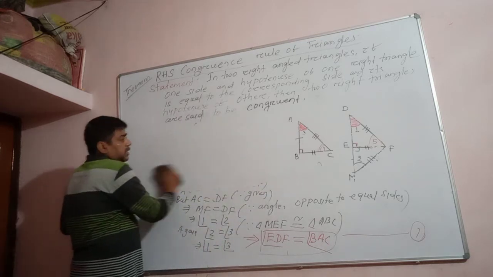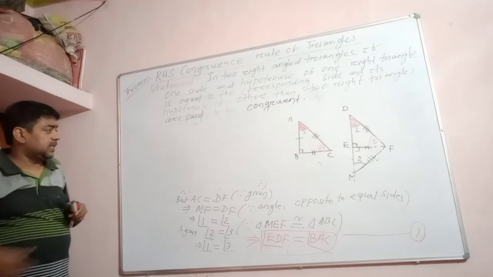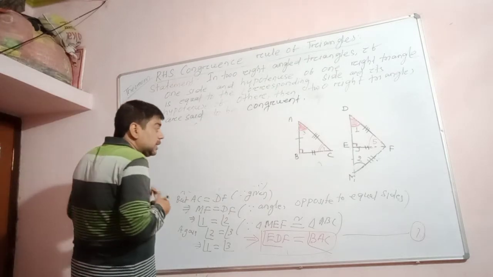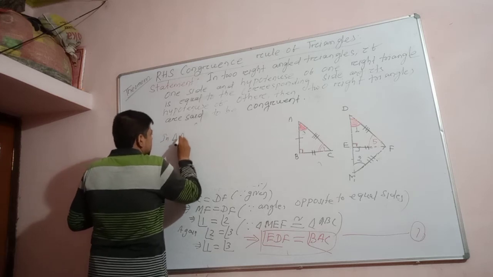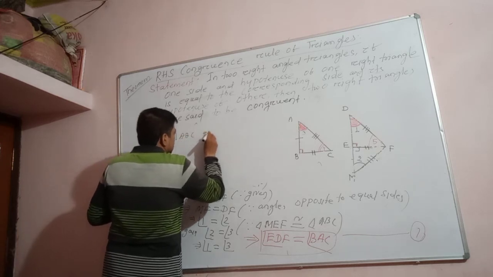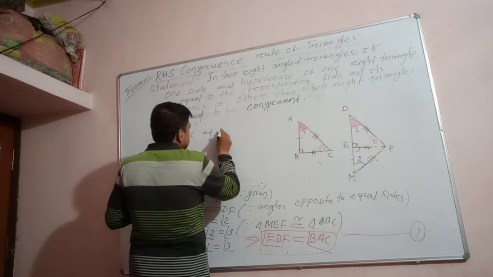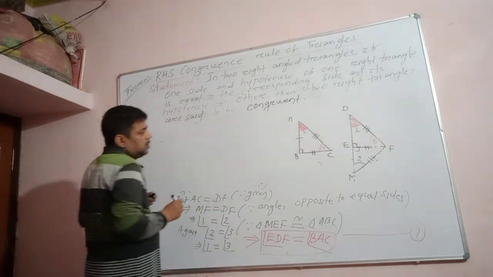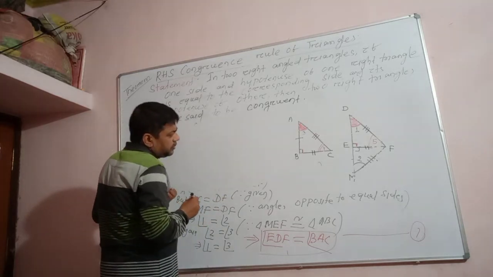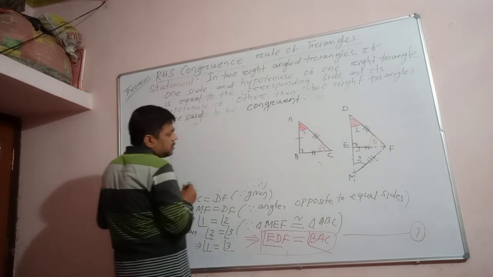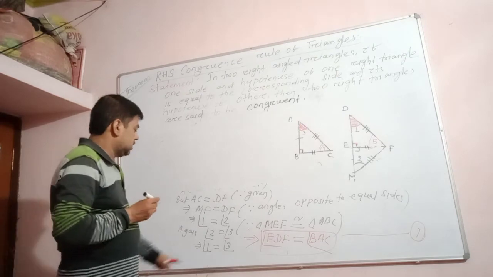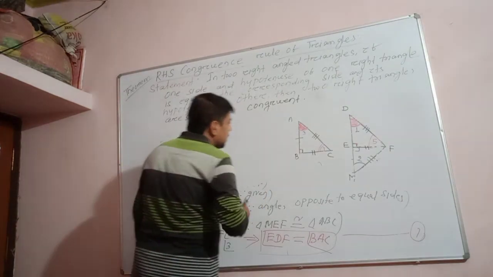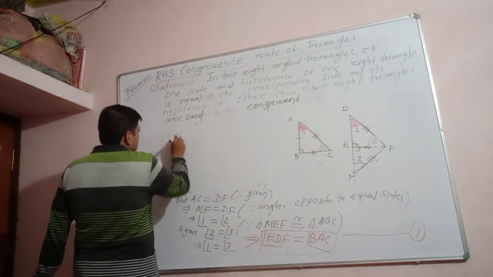Now what are you seeing now? In the triangle ABC, you see now, 1 angle is equal to 3 angle.